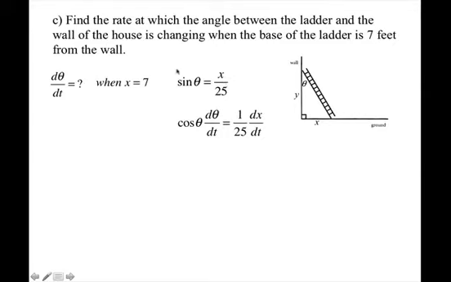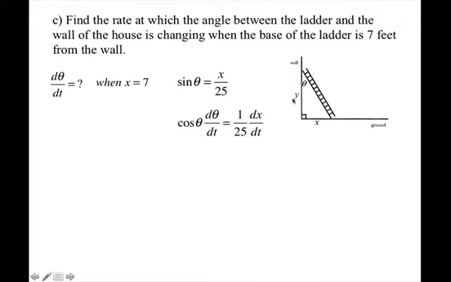So I'm going to take the derivative of this to get cosine theta d theta/dt equals 1/25 dx/dt. Now I have dx/dt, which is 2. I'm looking for d theta/dt, but I do not have cosine theta. But we can find cosine theta.